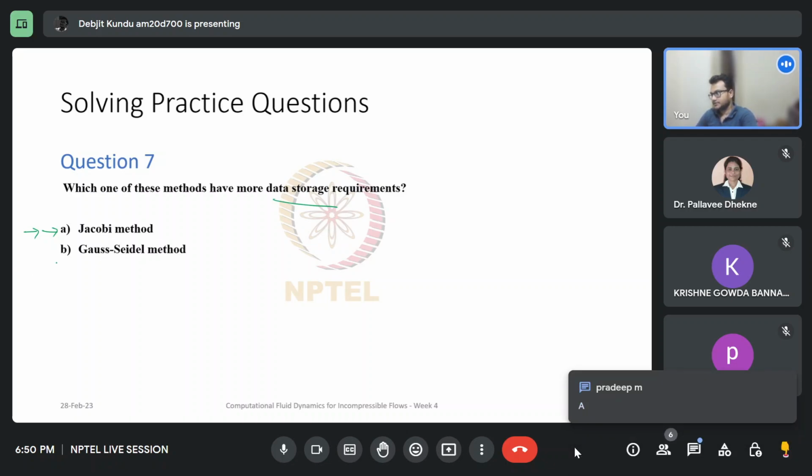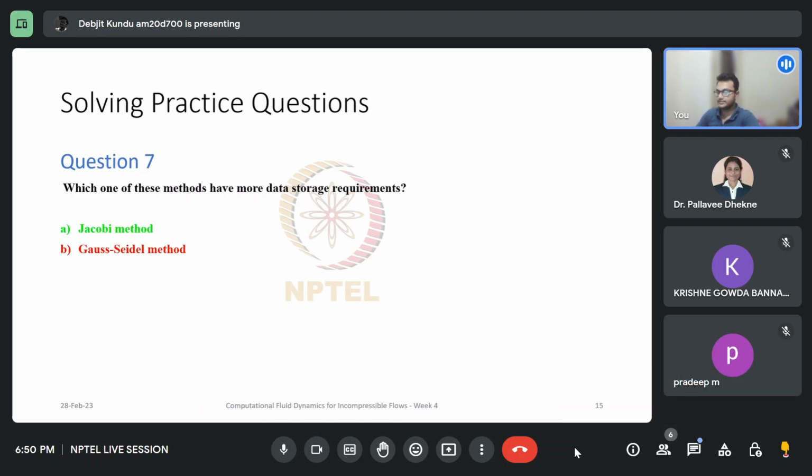Option A once again. So all in favor of option A. Let's have a look at the correct solution. It is indeed option A, Jacobi method. So why does it have more data storage requirement?